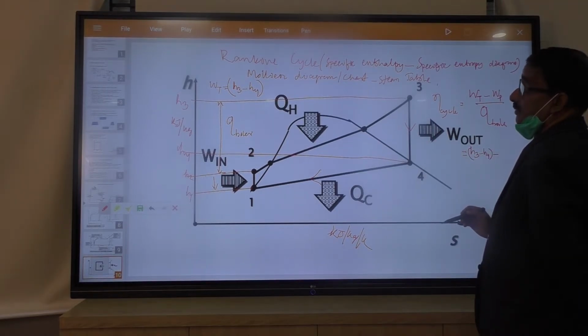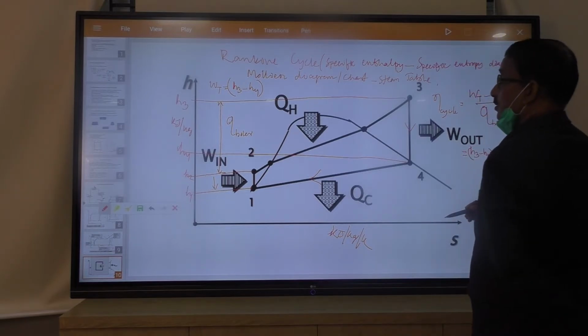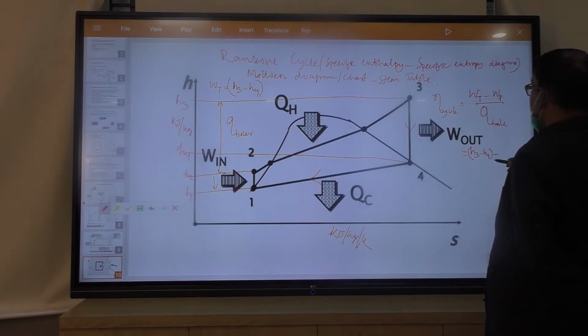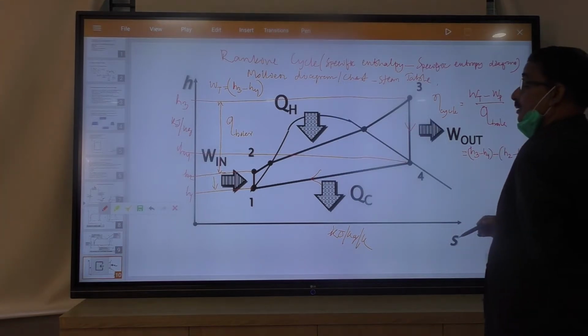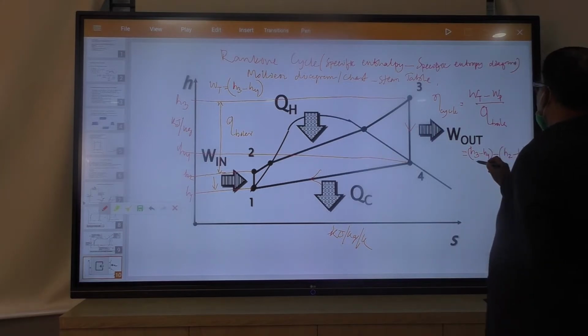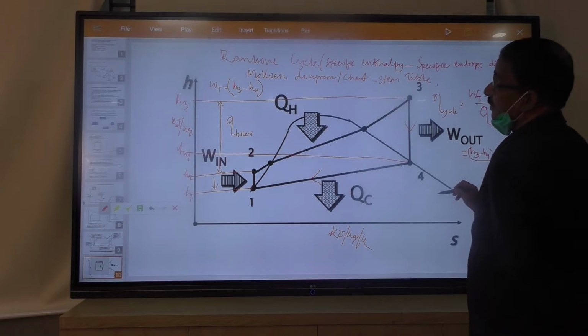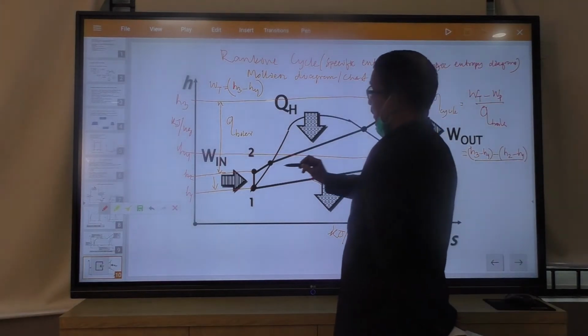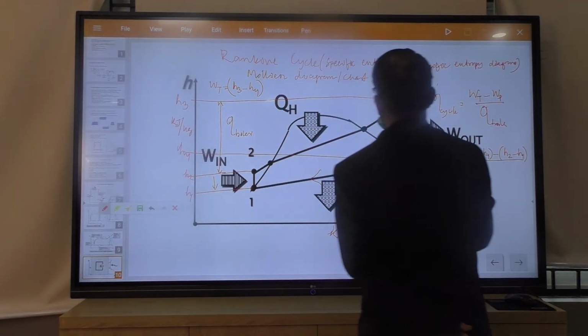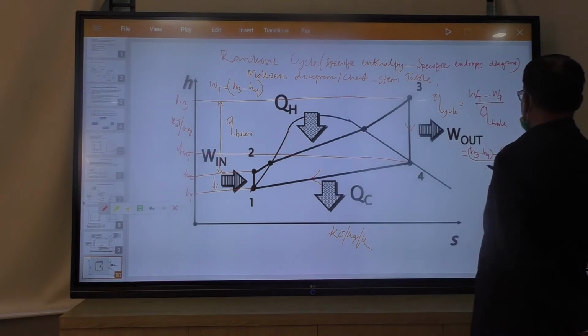Pump work is H2 minus H1. And the heat input in the boiler is H3 minus H2.